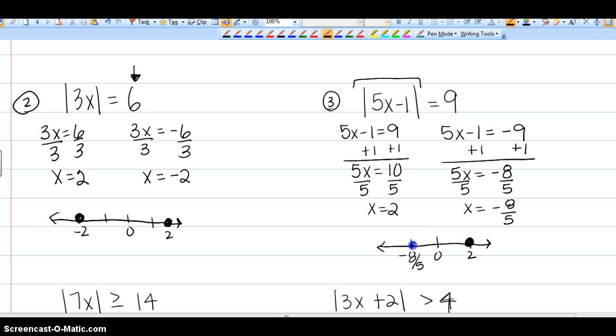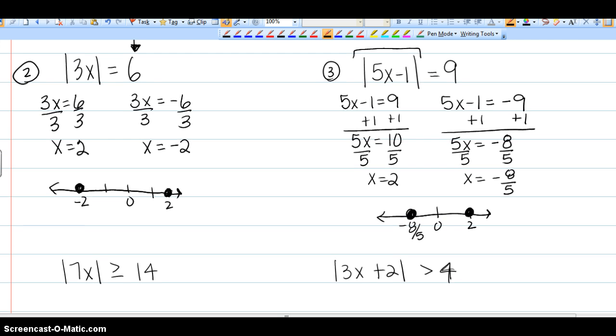We did not, this time, get the same answer for our values because it had a minus 1 in it also. So you do not always get the same answer. It only happens if there's no plus or minus with it. And the 9 is what changes sign because that's the distance we're looking at. So the distance could be represented by a +9 or it could be represented by a -9.